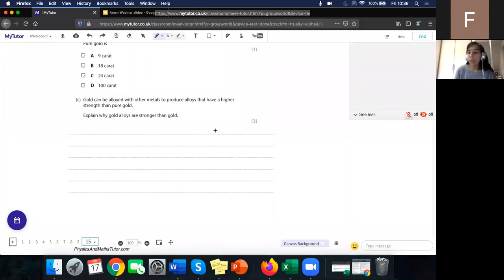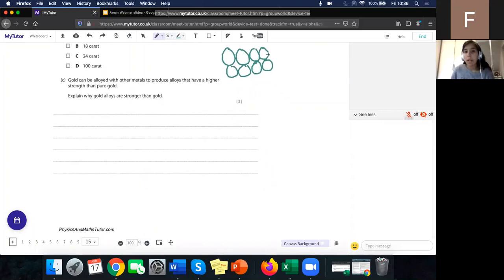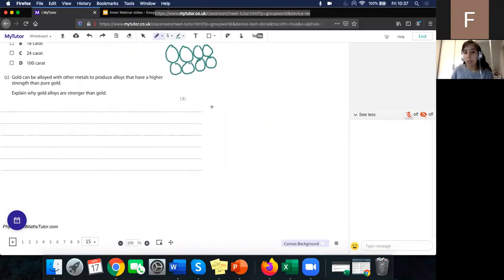Really good. So it's about the ions. If I draw the structure of an alloy, this would be pure gold, all kind of the same size, so the positive cations can roll over each other.